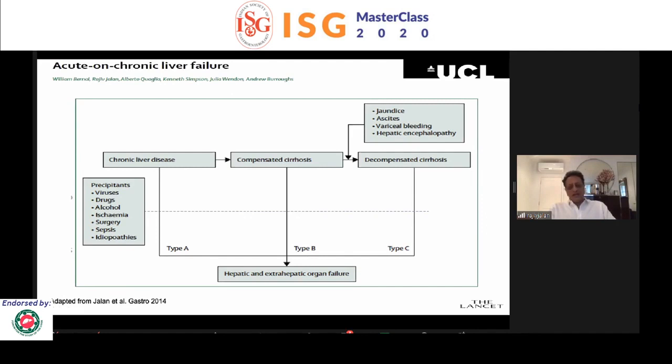And I'll show you a little bit of data that when you develop multiple organ failure, your short-term mortality is exactly the same. The long-term mortality may be different depending upon the phenotype you are like before you start. But once you've developed organ failures, your mortality risk is the same. It doesn't matter.